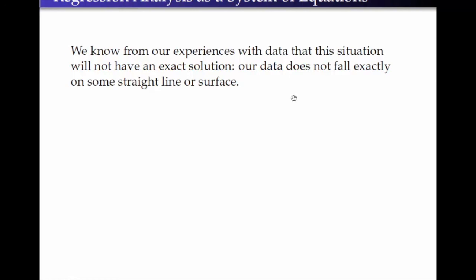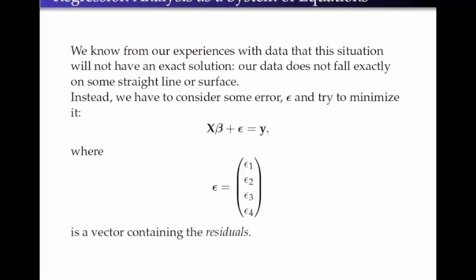Our data does not fall exactly on some straight line or some plane. If it did, we wouldn't need data analysis. So instead, what we have to do is consider some error and try to minimize it. So rather than having x beta equals y, what we really have is x beta plus some error is equal to y. And so this error is going to be contained in a vector of the residuals.